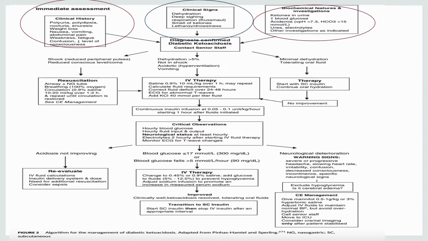In clinical history, if it is a new case, then you can ask about polyuria, polydipsia, weight loss, nausea, vomiting, abdominal pain, the typical history of diabetes.